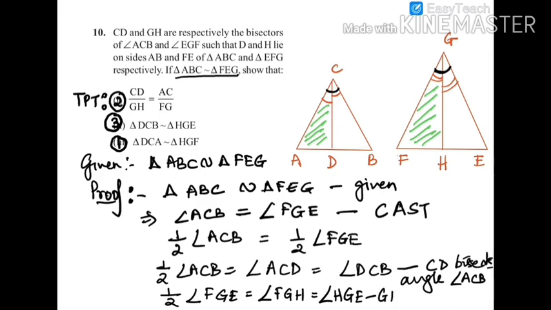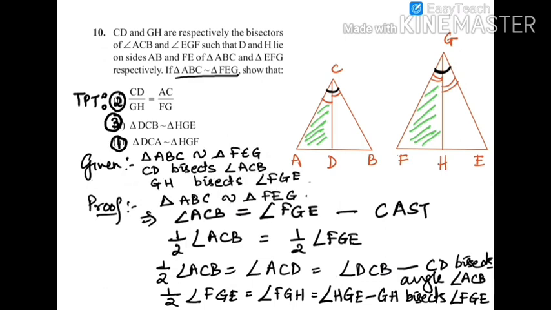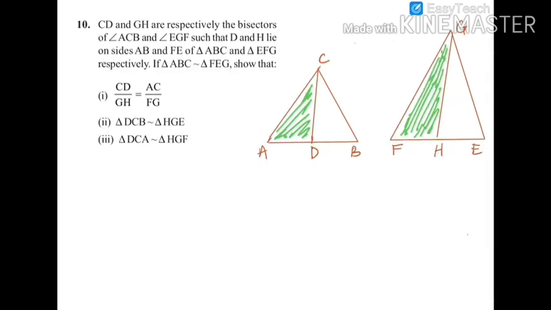Reason: GH bisects angle FGE. So now we can say that angle ACD is equal to angle FGH. So we have got angle ACD equal to angle FGH in these two triangles.